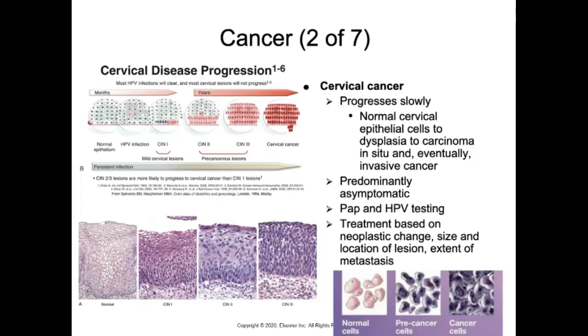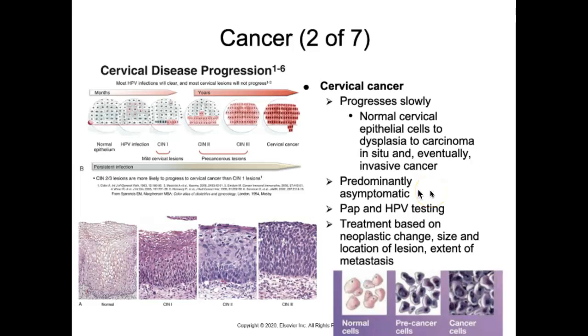Now, like we said, it's good to get those Pap tests done so that if dysplasia is detected early, treatment is available to prevent the invasive cancer. This can progress to invasive cancer if we don't catch it, although this progression is very slow. So typically we will be asymptomatic until it has gone later into the stages.